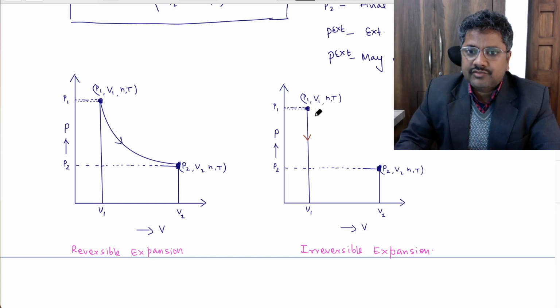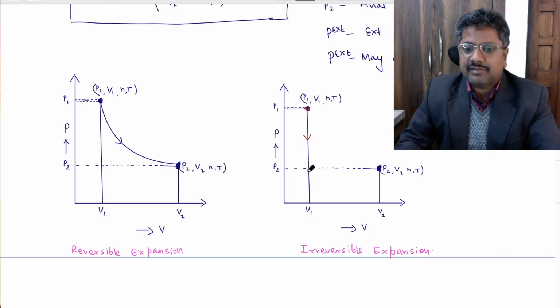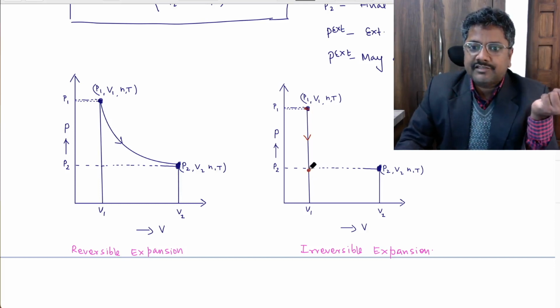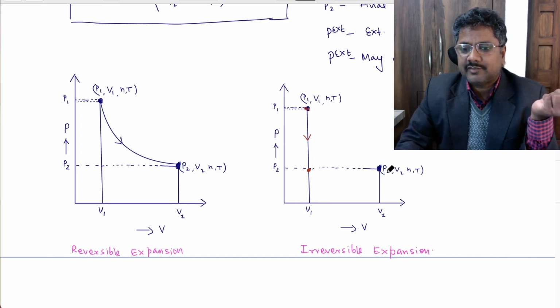First, you suddenly change the pressure. You start from here and stop here, meaning you suddenly decrease the pressure, push the piston up and fix it at this pressure P2. Then the volume is constant in this change. After that, the pressure is constant and the gas is expanding.